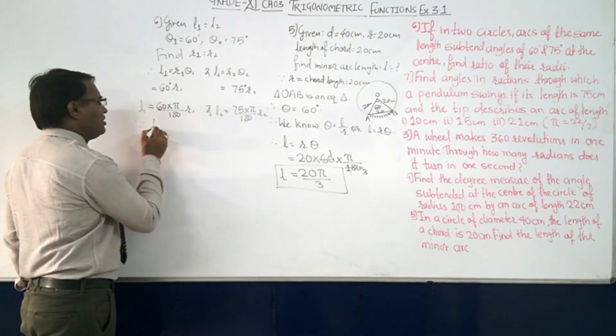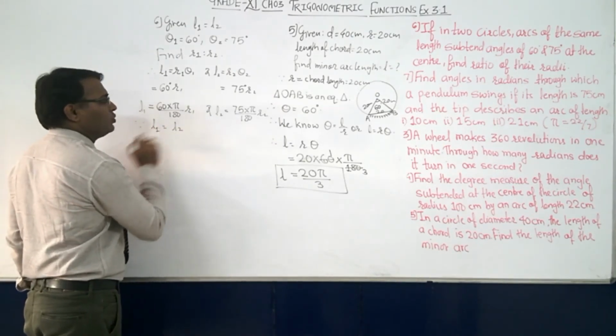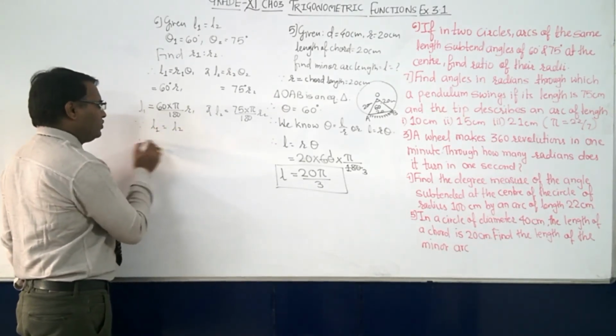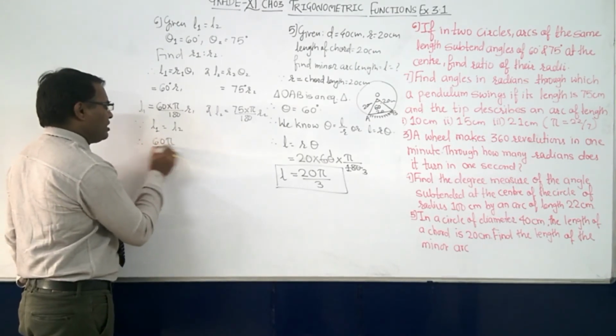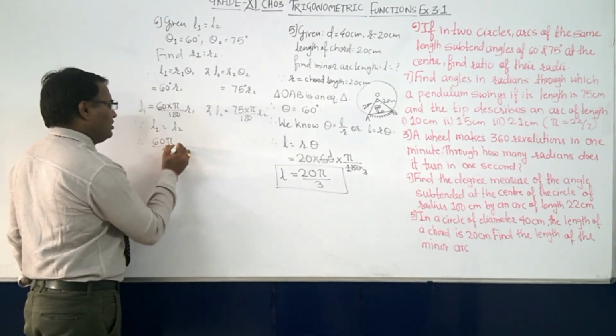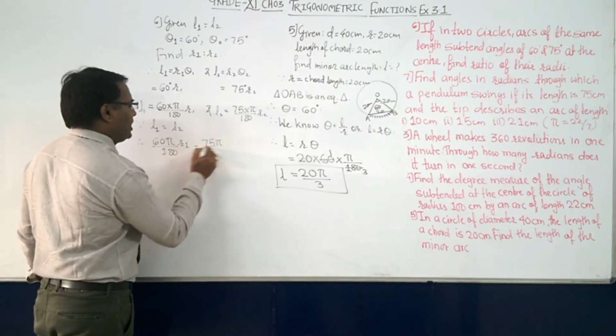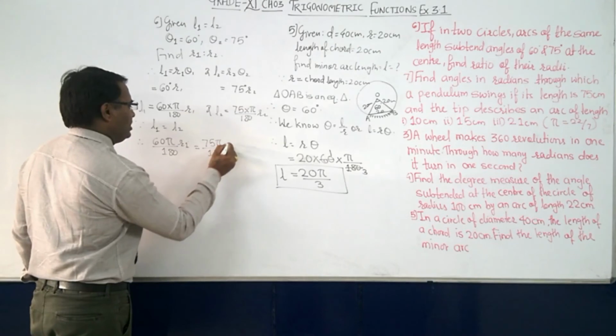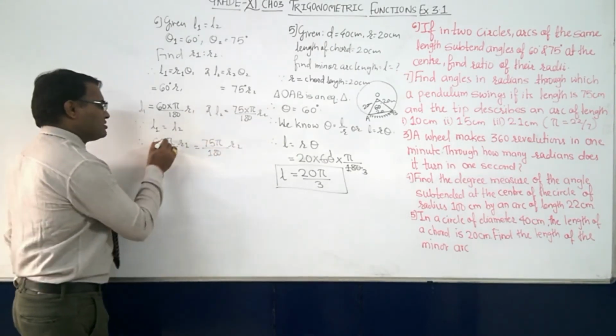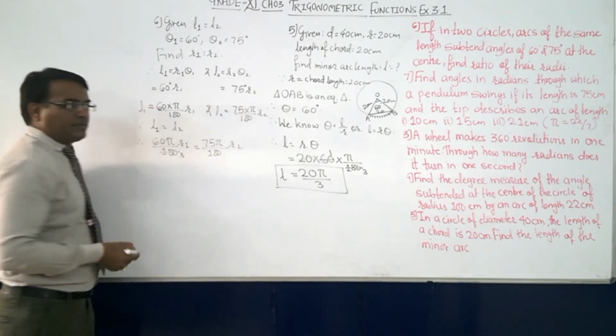Since L1 and L2 are equal, therefore 60 pi upon 180 into R1 will be equal to 75 pi upon 180 into R2.